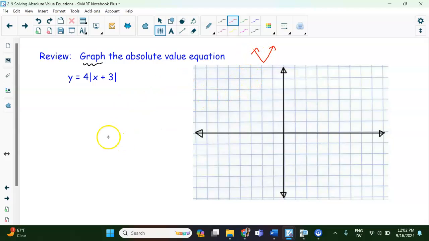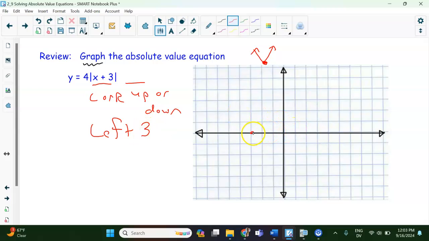And if you forgot the basics of it, this number here moves us left or right, and if there's a number in the back, it moves us up or down. By move, I mean move the vertex point. So we don't move up or down, and then this number, we do go left or right, and it's sort of opposite. You think add 3 would go right 3, but that actually is going to go left 3.